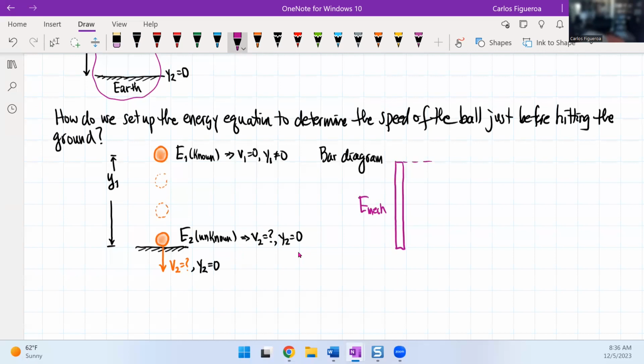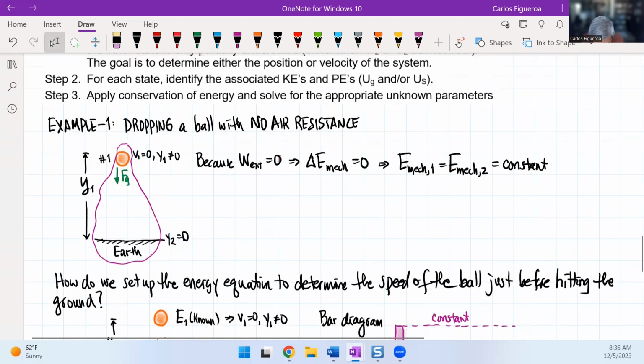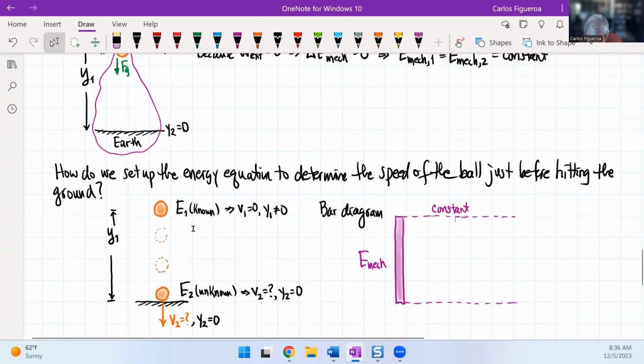And all I know is that this energy is a constant, and that constant cannot change. We know that because there was no external work. The only work was the work of gravity, which allows us to define a potential function.